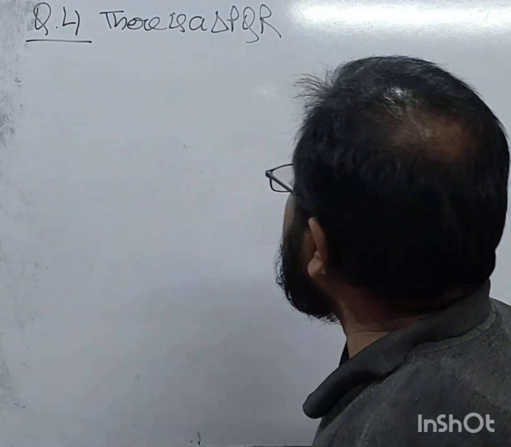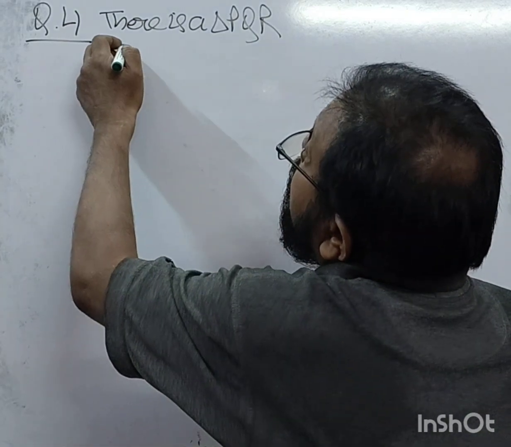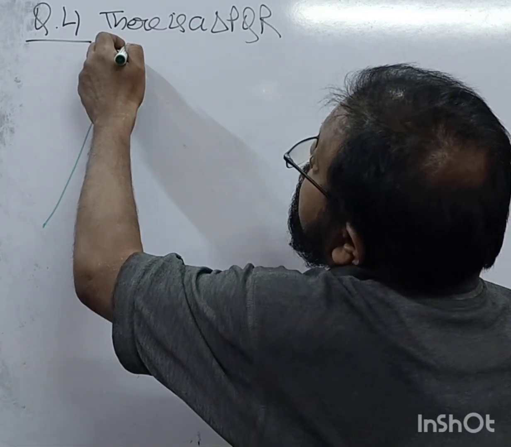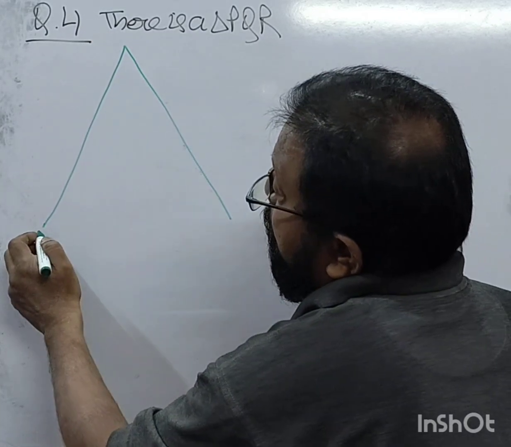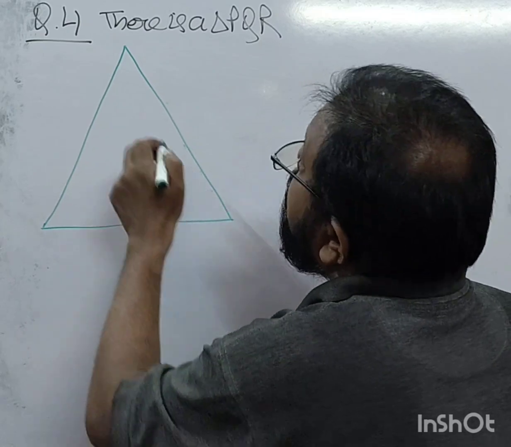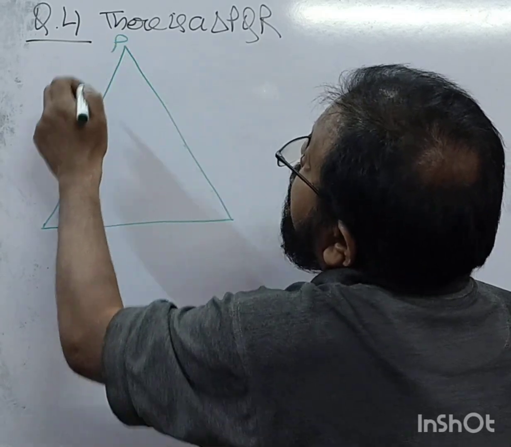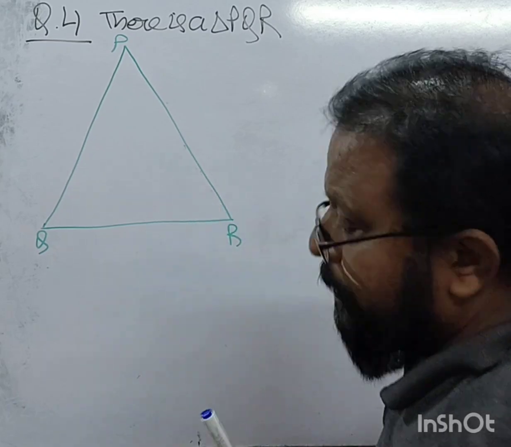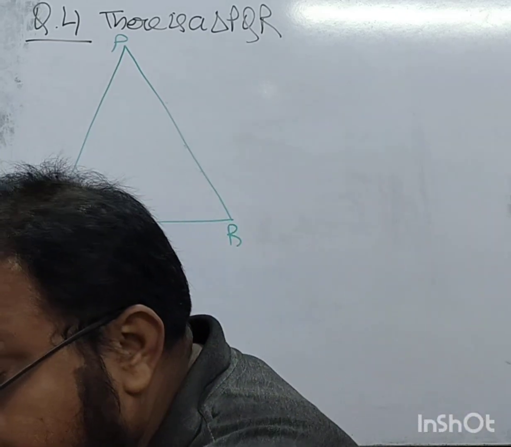The triangle PQR is like this, P, Q and R. Now what do we have?